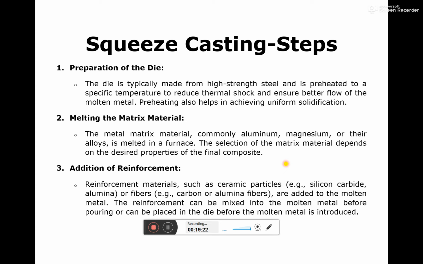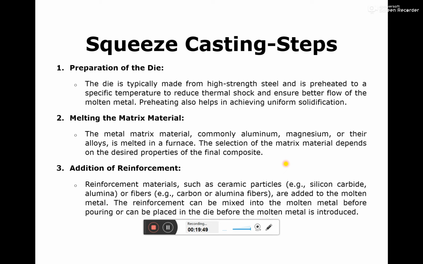Same as stir casting, here also we place the entire billets of metals in the crucible. After that we increase the temperature and maintain it. Due to that, the material will be melted in the furnace. And after that, we'll add the reinforcement.